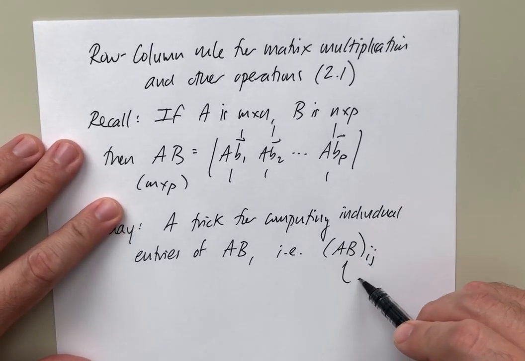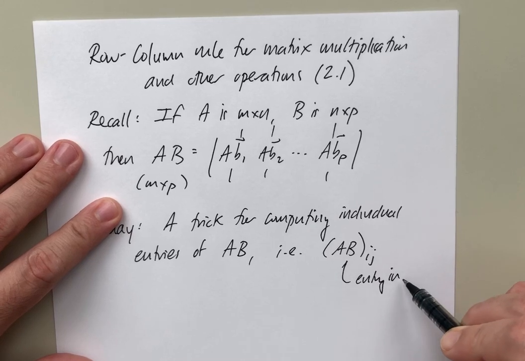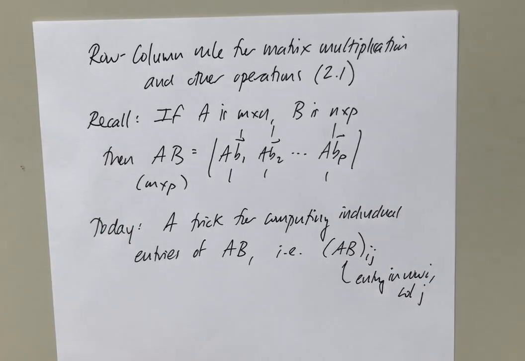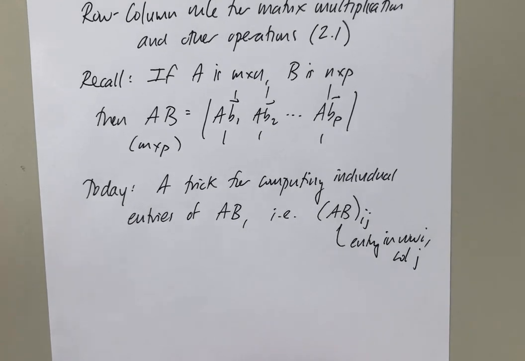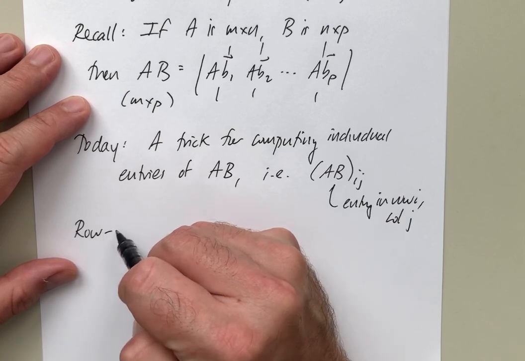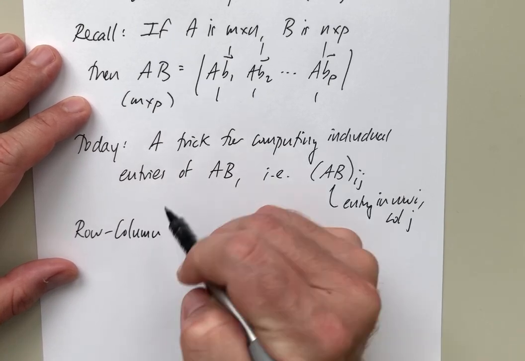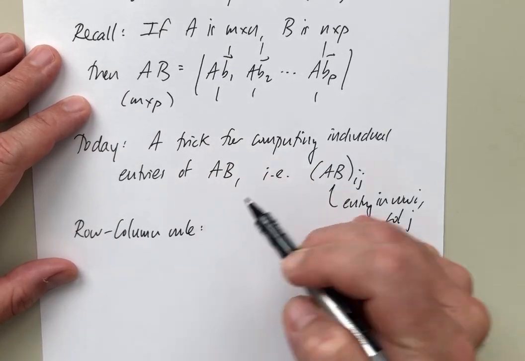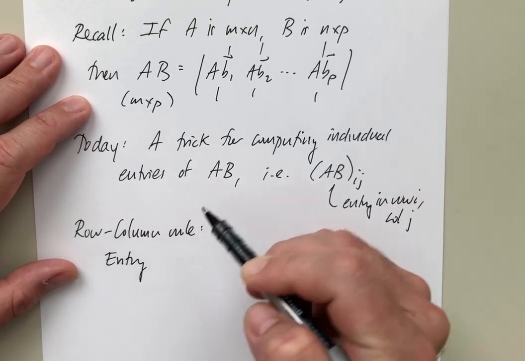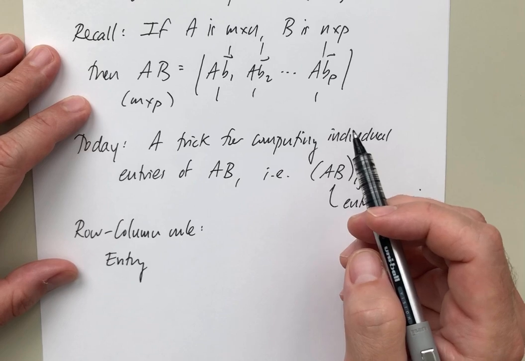Okay, so here's the trick. I think I'll just write it down and then we'll do an example. This is what the authors call the row-column rule.